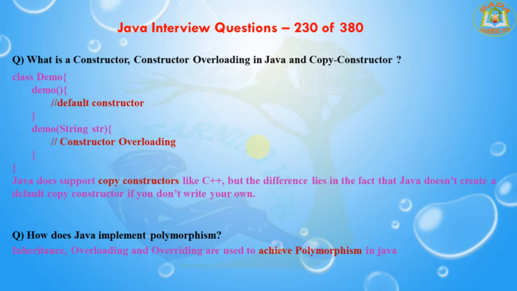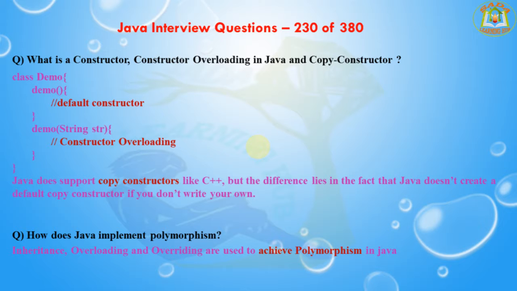In the other case, multiple methods have the same name, same return type and the same formal argument list, which are overridden methods. Java uses method overloading and method overriding to achieve polymorphism.